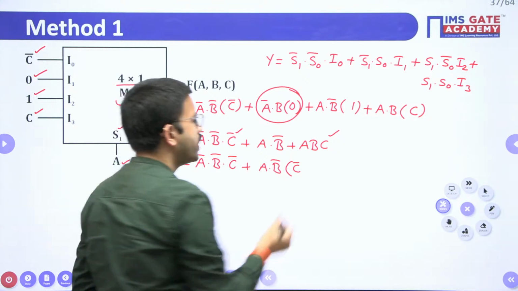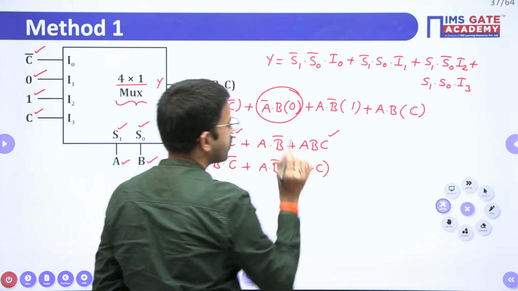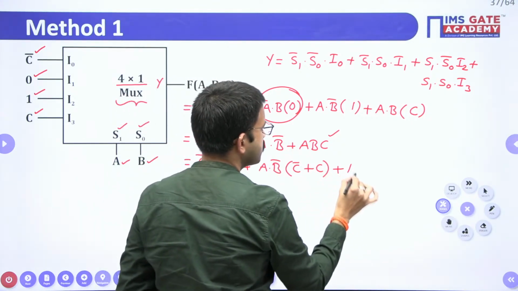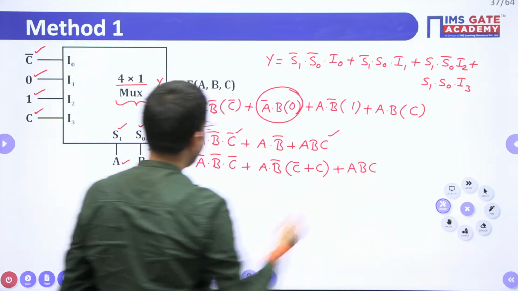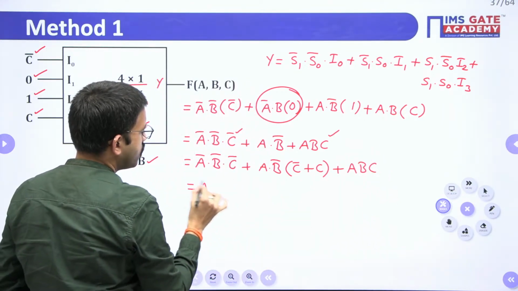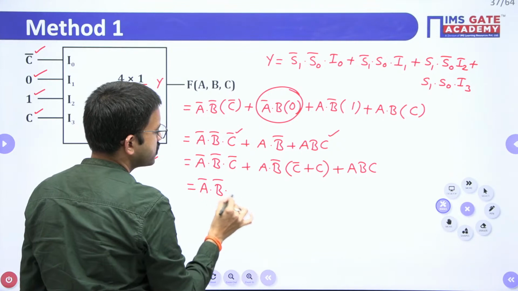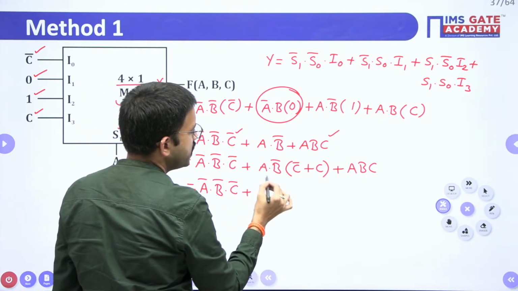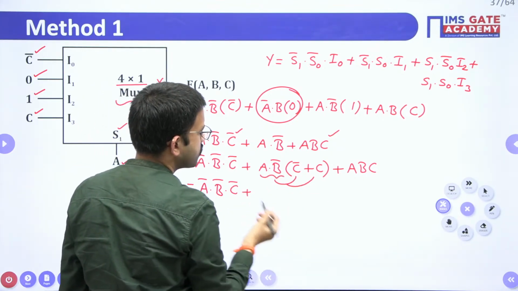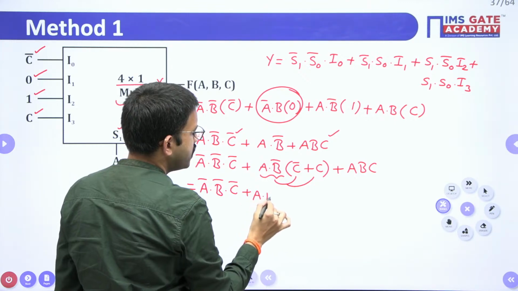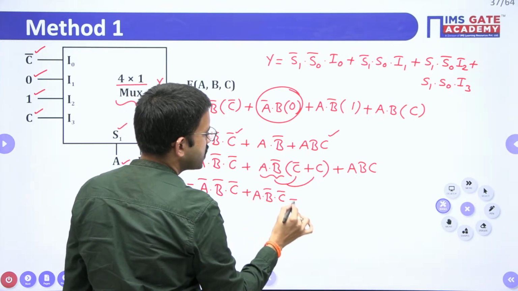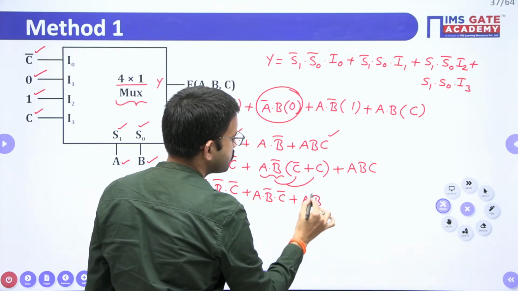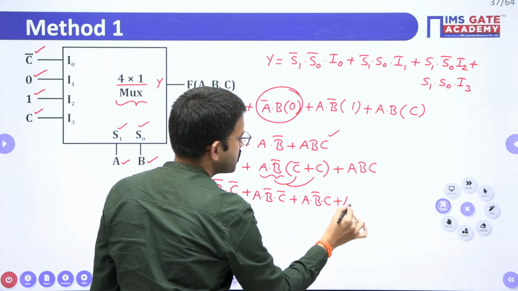That 1 you can write as C bar plus C. So the first term you can copy as it is, A bar B bar C bar, then multiply A B bar with these two: A B bar C bar plus A B bar C, plus ABC.